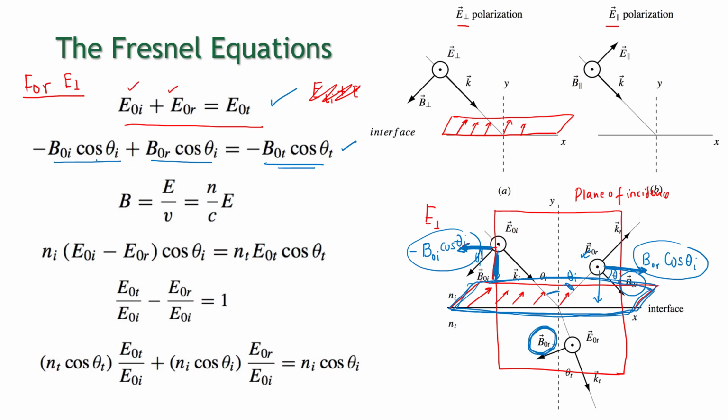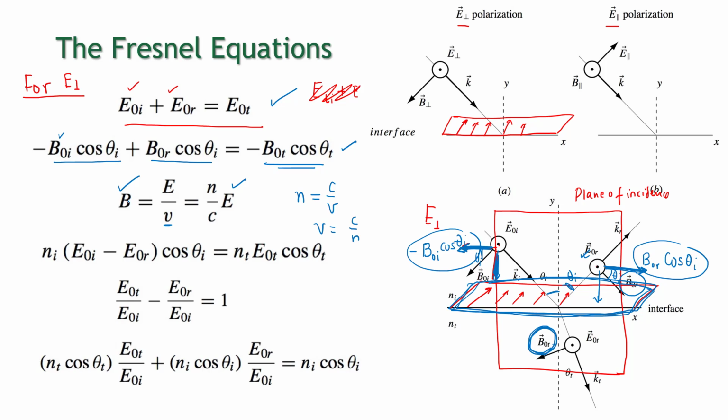So we want to write this B in terms of E, and we have this relationship between B and E. If you remember from our previous chapter, we derived the relationship between B and E. So B is E over V, and V, from the definition of refractive index, n is c over v, so V is c over n. That means B would be equal to n over c times E.